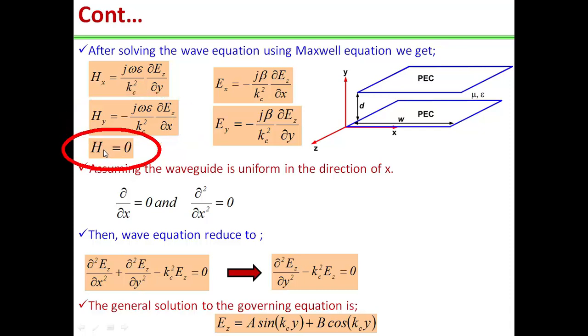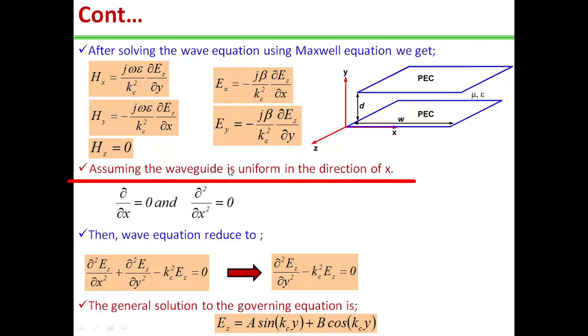Hz is zero because the mode is transverse. And Ex is equal to minus j beta divided by Kc square, del by del x of Ez, and Ey is equal to minus j beta divided by Kc square, del by del y of Ez.